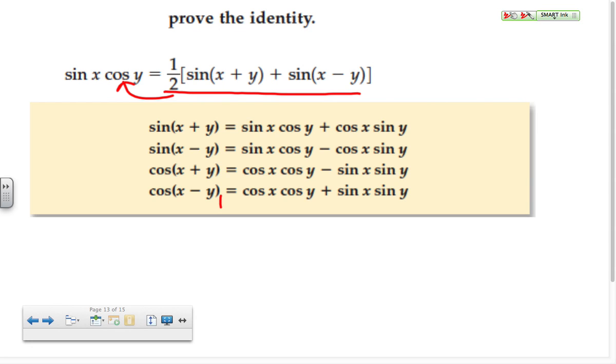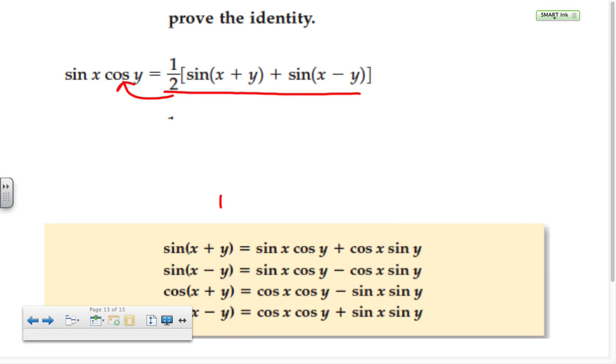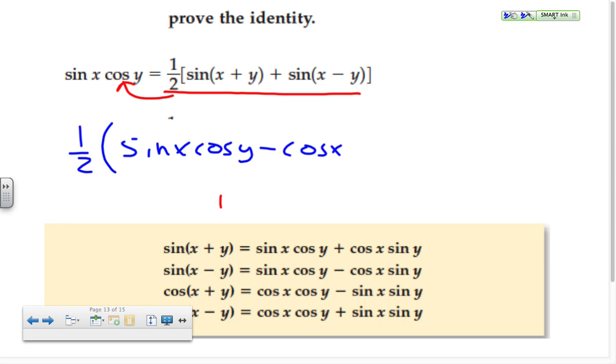So using these rules, I'm going to write this. It gets a little long here. So I'm going to have 1/2 times, a big parenthesis here, sine x plus y, which is sine x cosine y minus cosine x sine y, plus sine of x minus y, which is sine x cosine y minus cosine x sine y.